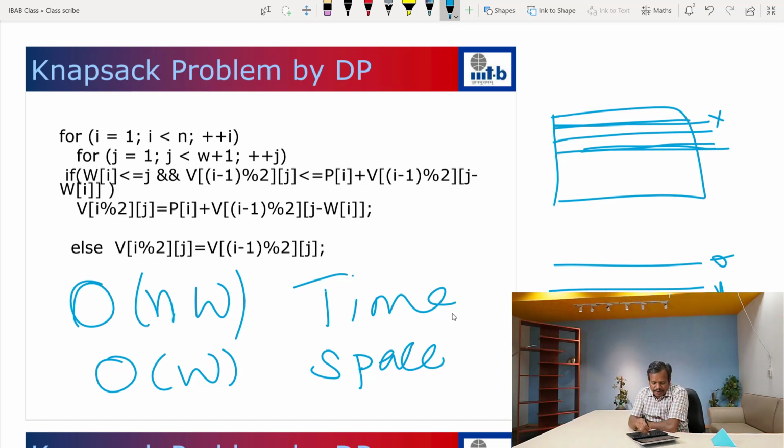So if I am not interested in looking at which items I need to pick, then order W space is enough, but the time complexity is still order n into W. But if you want to know which items you need to pick in order to make the maximum profit, then you need an order n into W time and space algorithm.